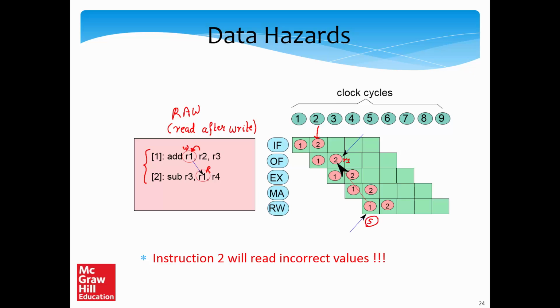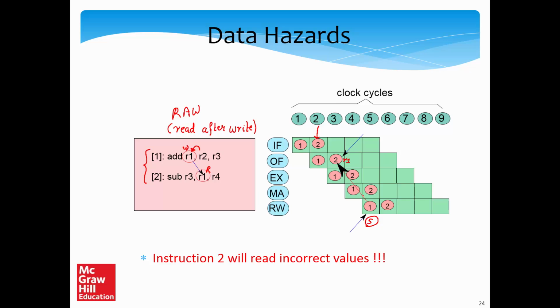So basically we have a big red arrow that is running backwards in time. This is a problem, right? Instruction 2 will read incorrect values because in cycle 3 the value of R1 has not been produced yet. So it will read a value which is not correct, and that will lead to incorrect execution. This is something that should be avoided and fixed.